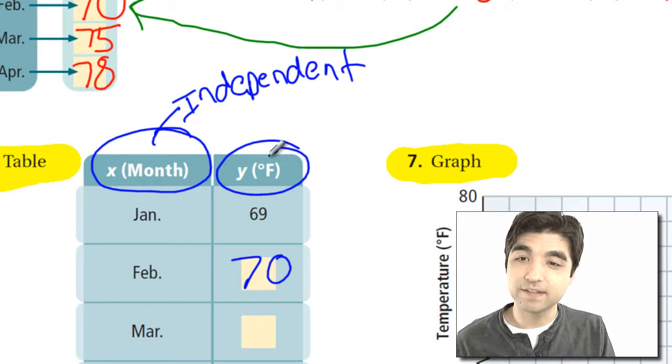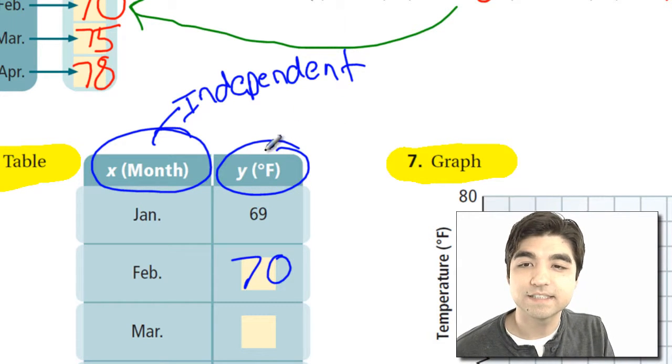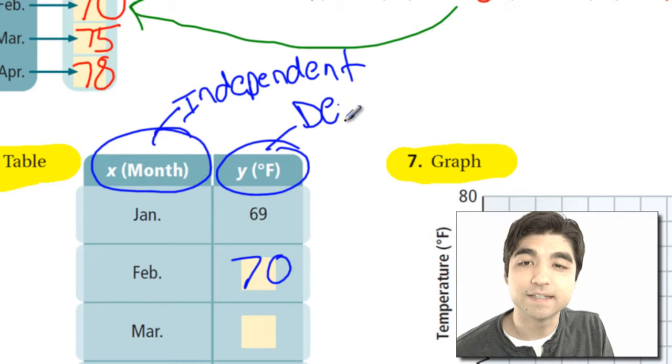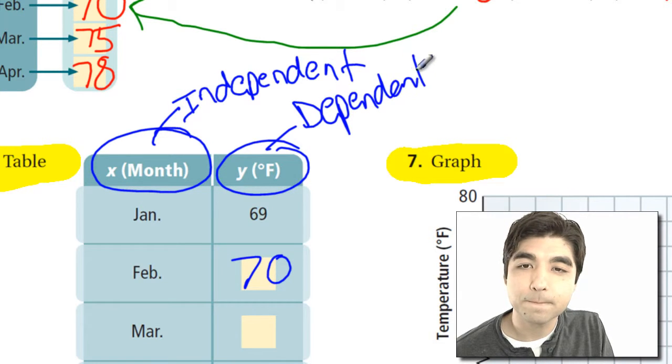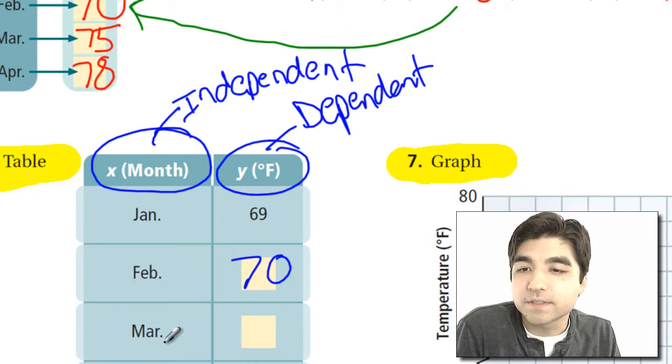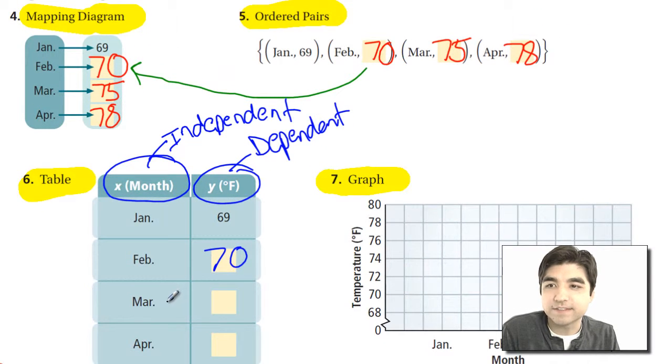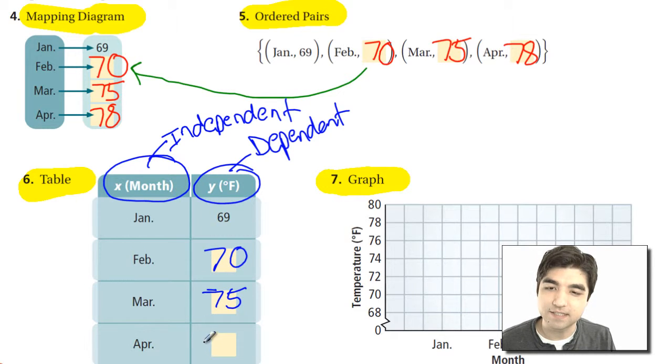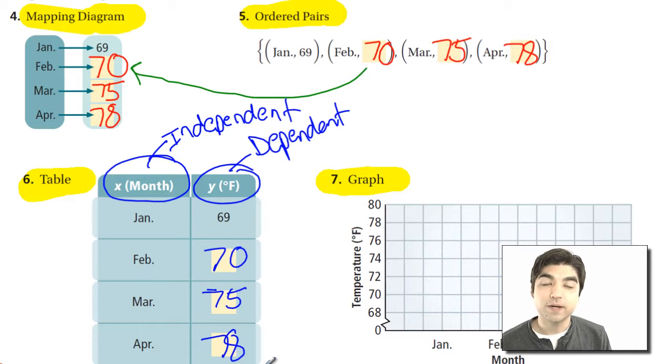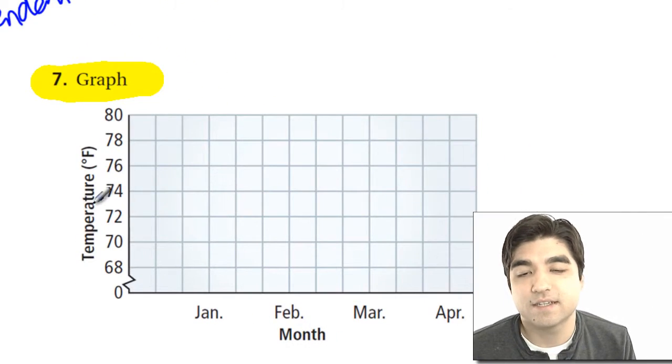You might want to write that down. And the y-axis is usually for the dependent. So let's fill the rest of it out. In March we have 75 degrees. And in April, I'm sure you can guess what this is. It's 78 degrees.